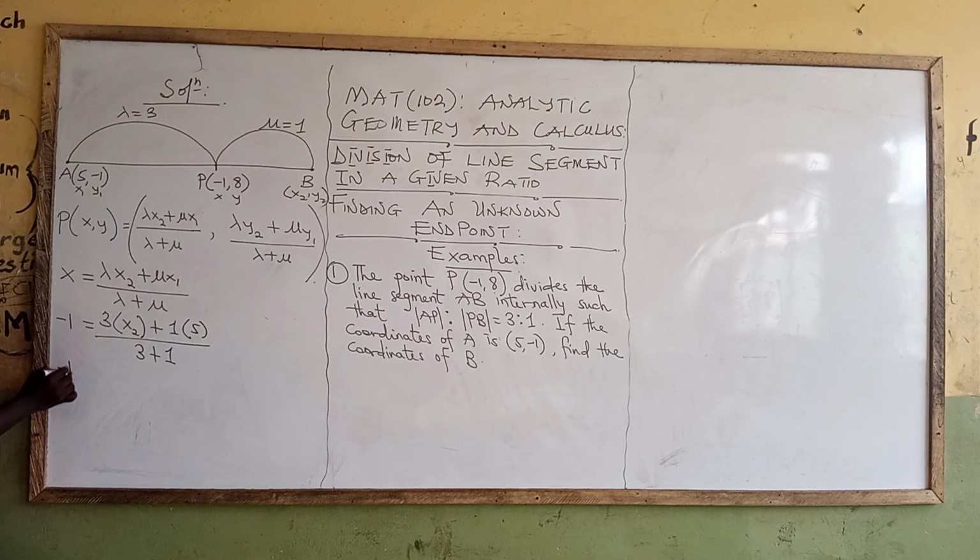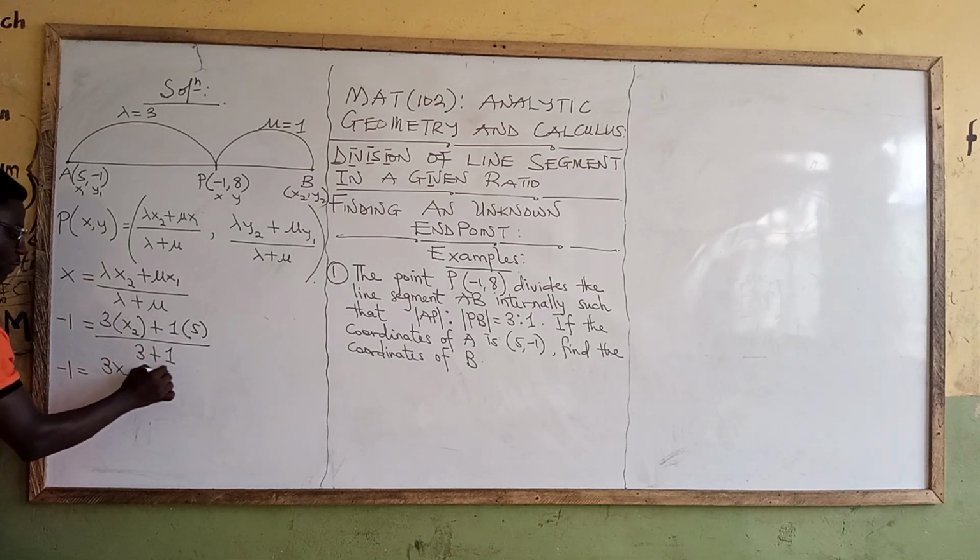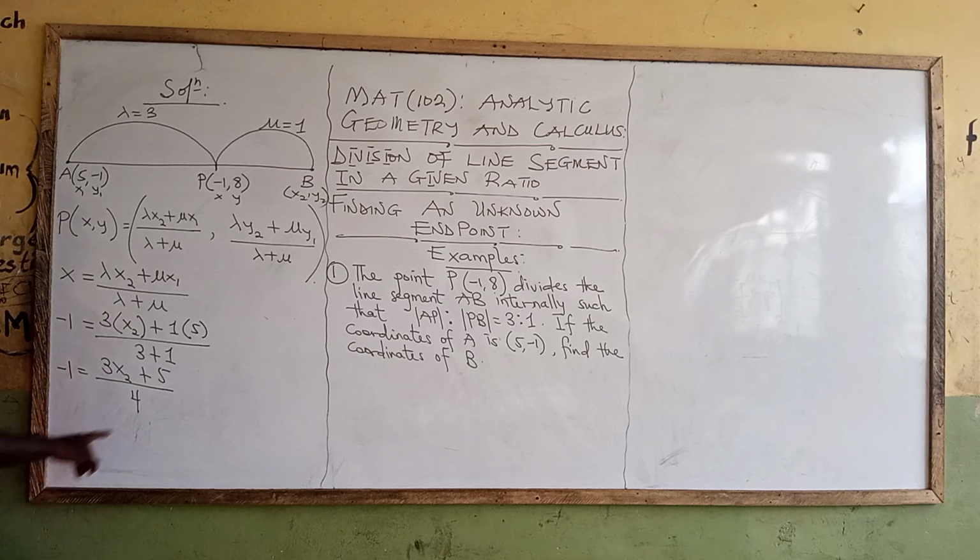So I get negative 1 equals 3 times x2, you get 3x2, plus 1 times 5, you get 5, divided by 4. So how best can we solve this? We multiply by 4, that's the LCM. So I get 4 times negative 1, which is negative 4, equals 4 times the whole of this expression, and we still get 3x2 plus 5.